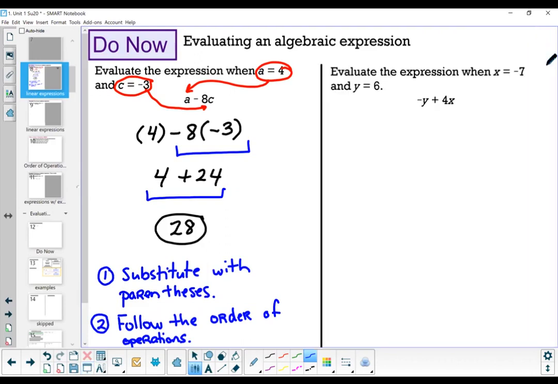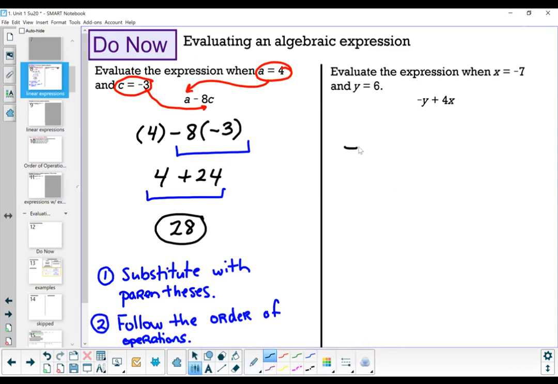All right, let's try another one. Hopefully these are fairly simple for you. Where it gets confusing is when there are multiple negative signs. So in this case, we have a -y plus 4x. And so when we're writing our parentheses, we're going to be putting the minus.